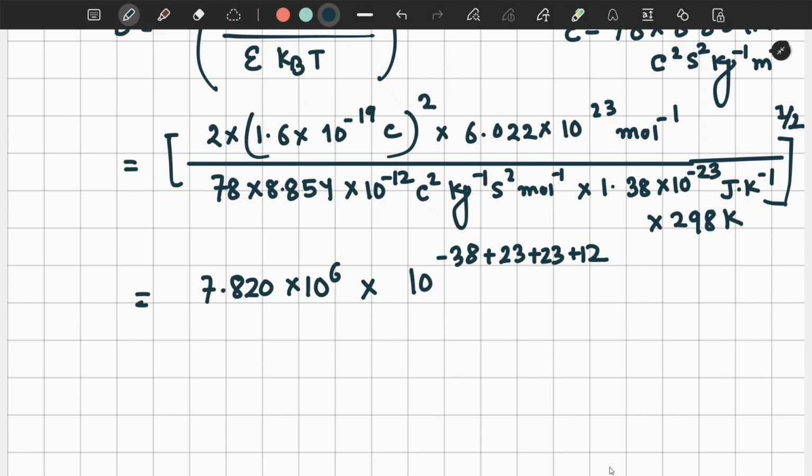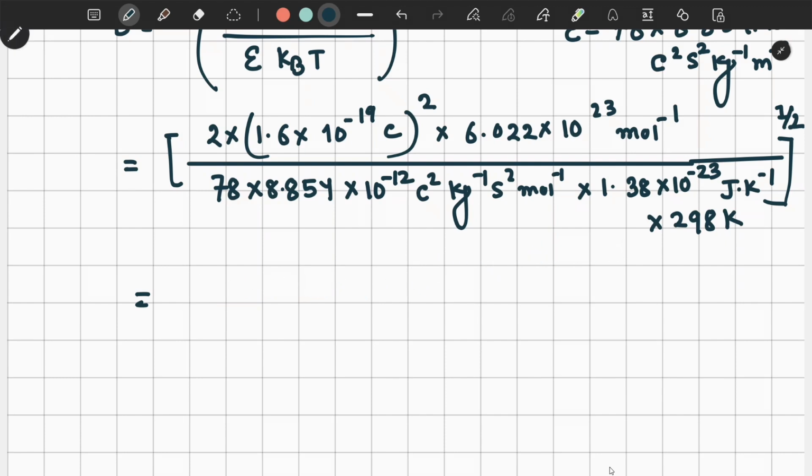I'm also calculating. I am not getting the same answer for the numerical part, excluding the 10 to the power part.